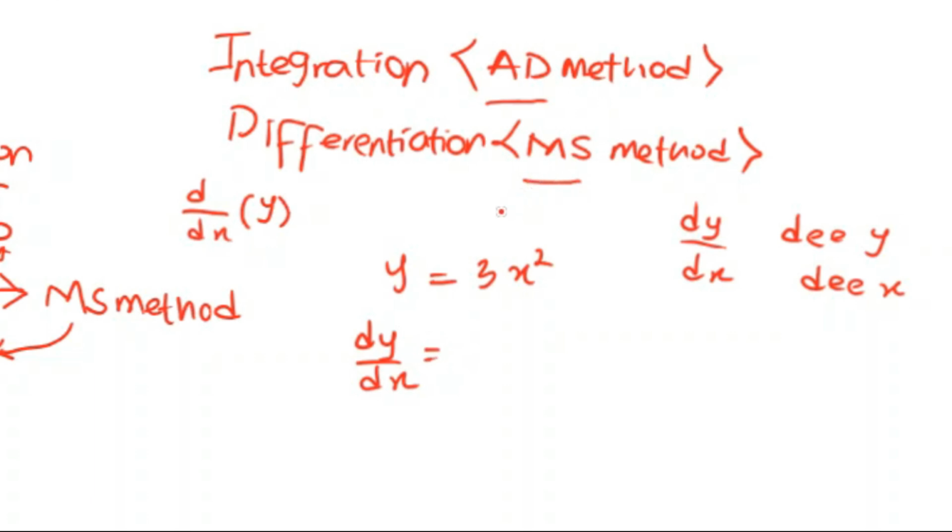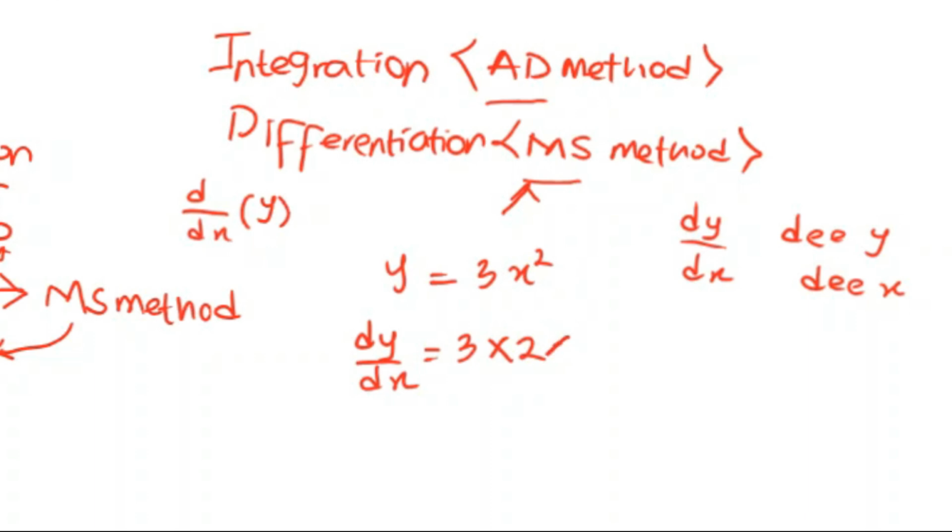We multiply first, multiplication first. What are we multiplying? We multiply the coefficient by the power. The coefficient here is 3, multiplied by the power, which is 2. Then you subtract 1 from the power.